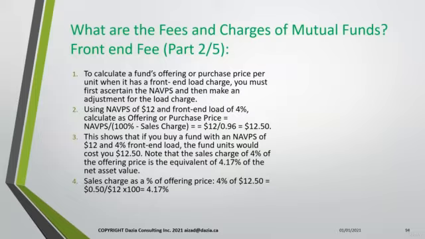How do we calculate that? We can say that we're paying 50 cents extra. If we're paying 50 cents extra and you divide that by 12 times 100, you will get 4.17%. So the actual sales charge is 4.17% if the front end load is 4%.